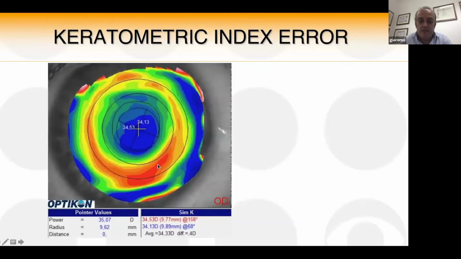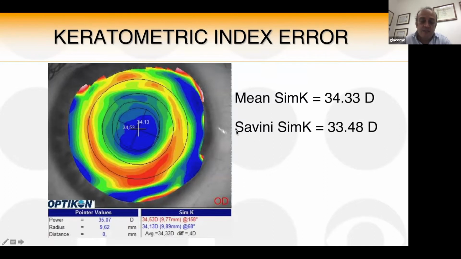And here you see an example. You see that with this corneal topography after LASIK, you have an average of 34.33 diopters, average SIM-K. But if you decrease the keratometric index according to the methods that I just described, the power decreases by almost 1 diopter.